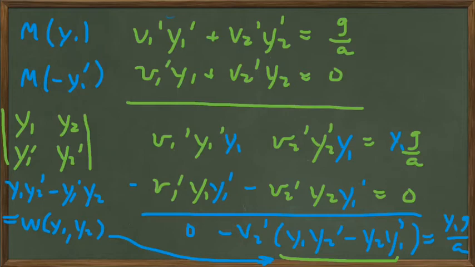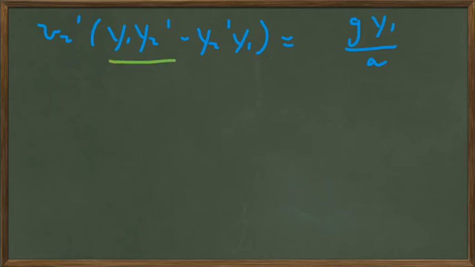So carrying that forward onto the next blackboard, y1 y2 prime minus y2 prime y1 equaled g times y1 divided by a, and we said that the shorthand name for this is the Wronskian of y1 and y2.